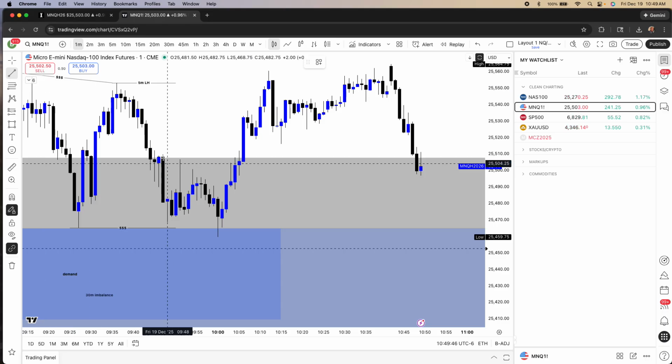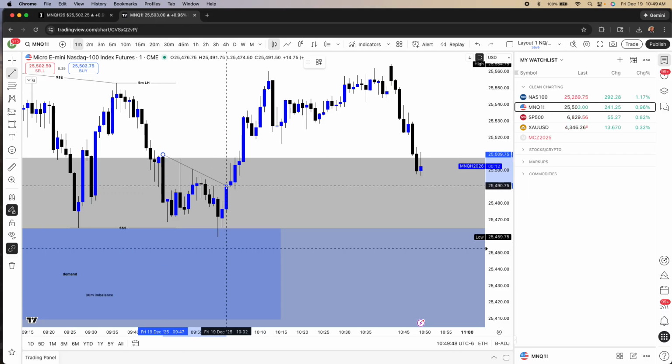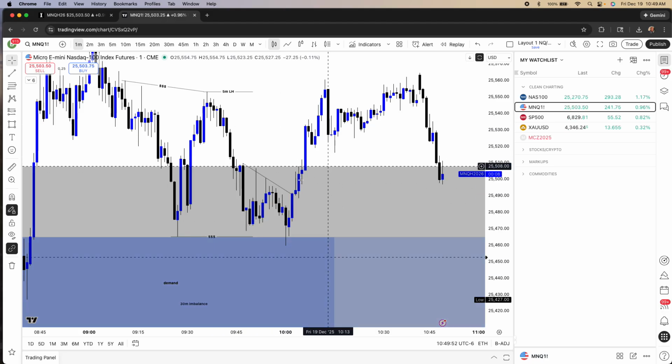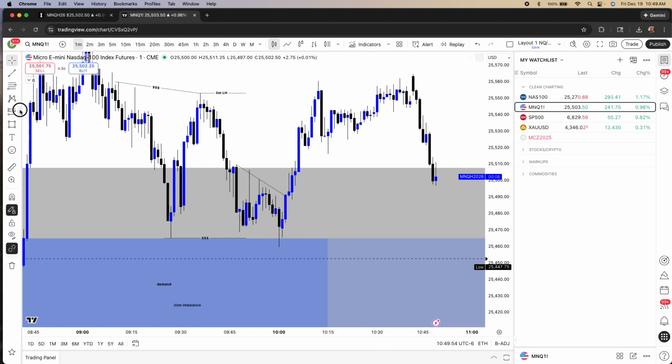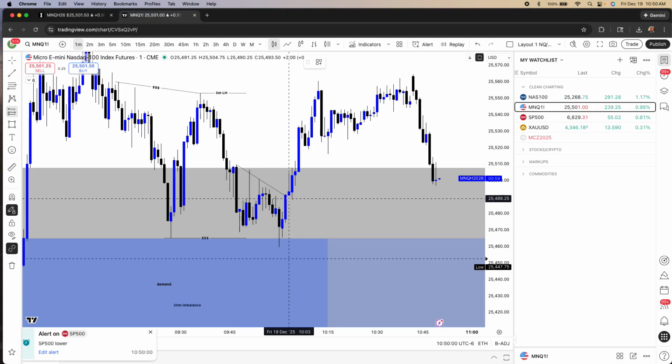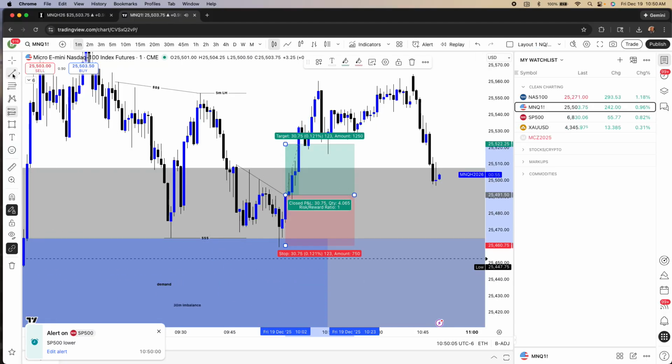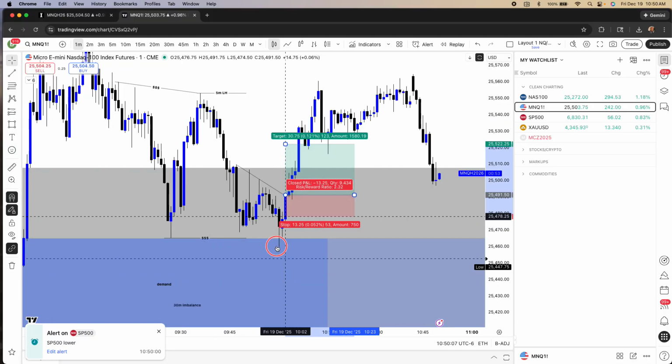I saw this trend line building right here. Now, what happens when you get a trend line breakout in the direction you want to see? You typically get a continuation. So once we had this strong candle after sweeping this liquidity, I figured it was going to create an imbalance that we could tap back into, but I got in early on the position and this is what it looked like.